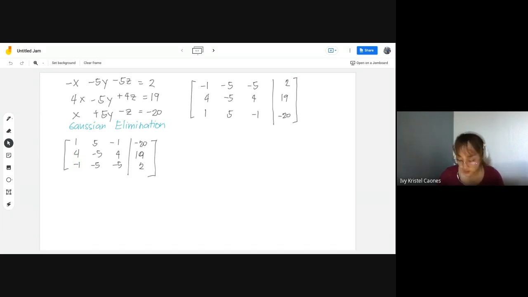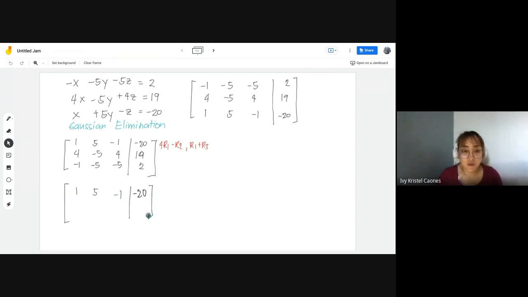I will do that by having these equations. We need 4R1 minus R2, and to change your R3 into 0 as well, it will be R1 plus R3. Solving that, you will have the same row 1, 5, -1, and -20.